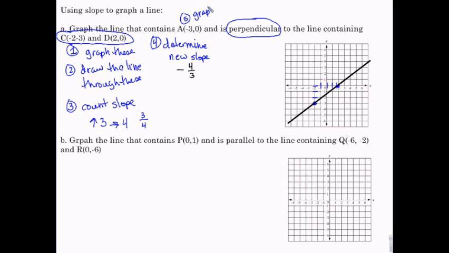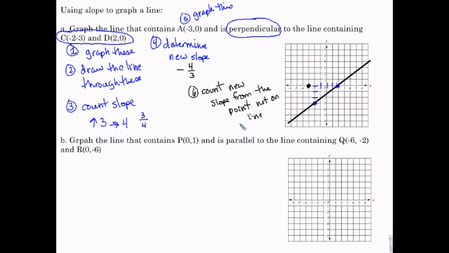5th would be to graph this point. -3, 0. I'm going to do this in black now. So I've got -3, 0. That's point A. And then 6th is going to be to count the new slope from the point not on the line.